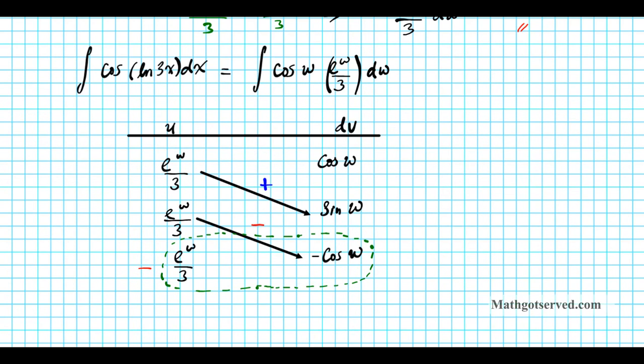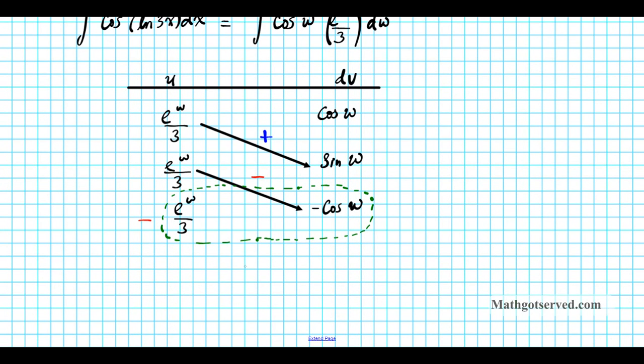We're going to have, let's see, the integral, the original problem, the integral of cosine w times e to the w over 3 dw is equal to the first pair.